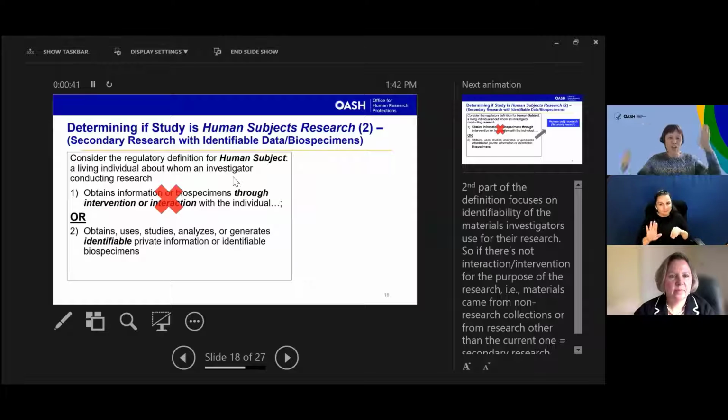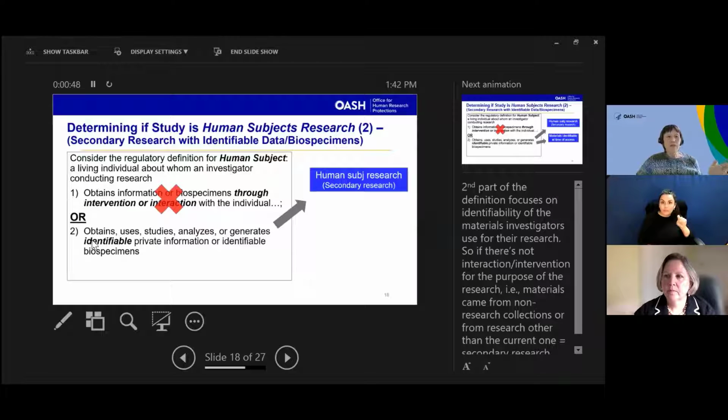So human subjects, concentrate on the main screen, right? The definition of human subjects is really important to you. So this is secondary research. The material that you're using is either already in existence, in the sense that it is being collected for non-research purposes already, so there's a different reason it was collected. Either it has been collected, or it's being collected, it doesn't matter.